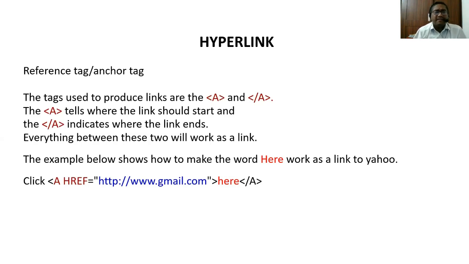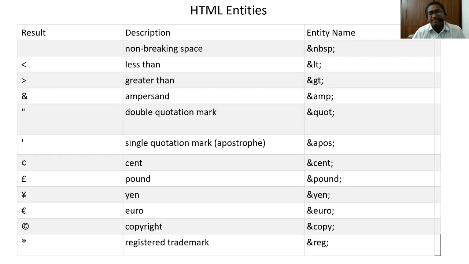So similarly here we are using a href equal to http://gmail.com. I gave an example here, and after that I'm using /a here. That means while closing this anchor tag, the first block I'm having here is href. So the hyperlink will be generated. If you click this hyperlink, automatically it will take you to www.gmail.com.